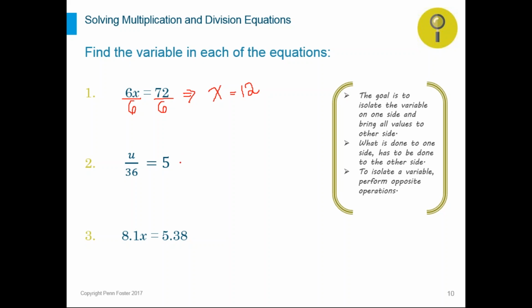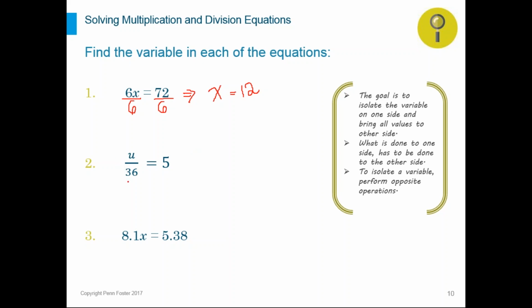Okay, let's do the next question. U divided by 36 equals 5. What is the value of U? The same rule that we have been following since the beginning of the webinar: do the opposite of the operation. The operation that we see in our equation is a division, so the opposite would be multiply. Multiply times the denominator.